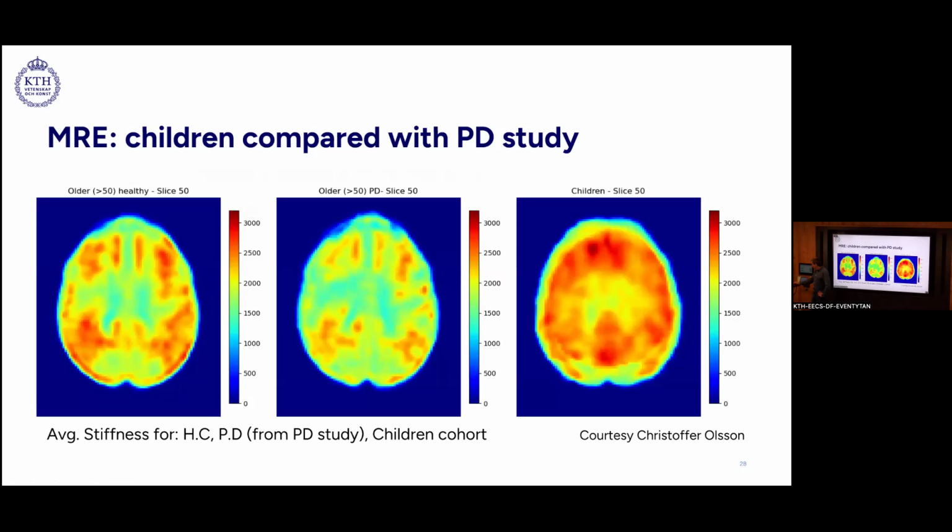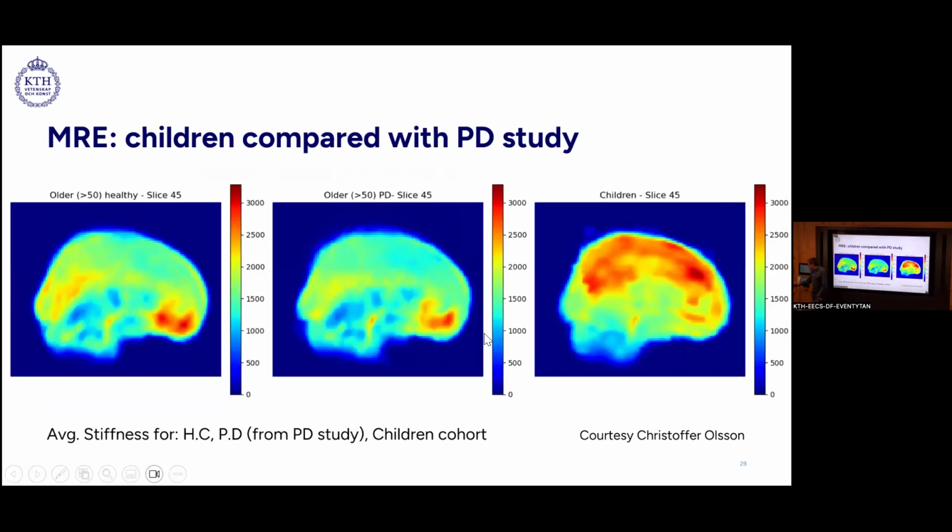And we were comparing these two cohorts, the differences. So this is the mean stiffness of all the healthy subjects, and these are the different ones. And this is also visible in this other view.